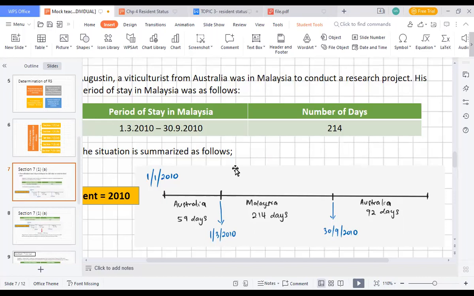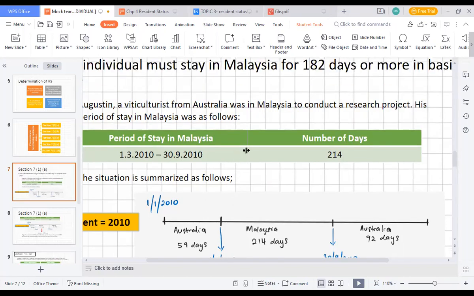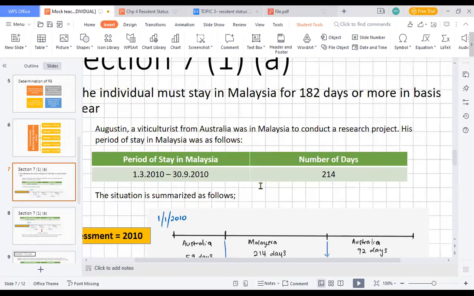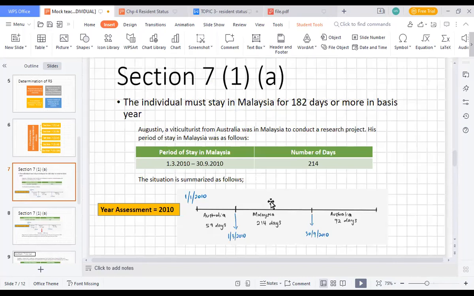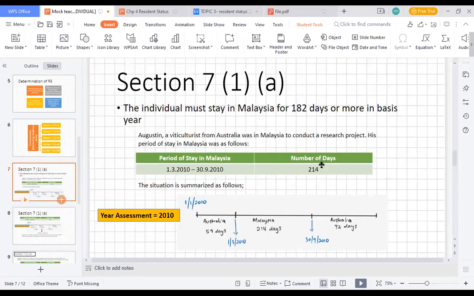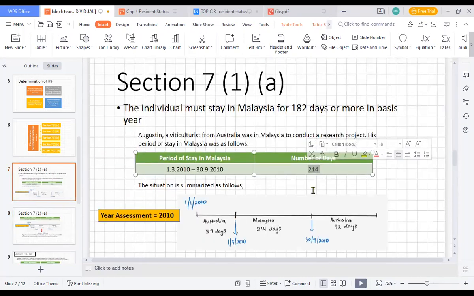So the question will ask whether Augustine will be considered a resident in Malaysia or not. Based on section 7.1A of the Act, will Augustine be considered a resident? Yes, because he is staying in Malaysia for more than 182 days.